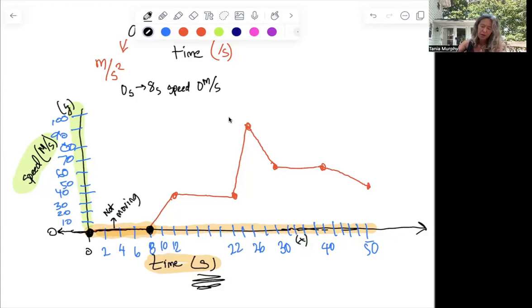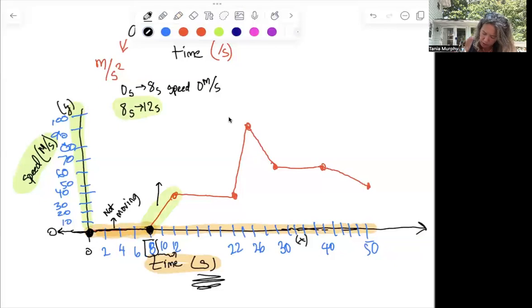If we look at time 8 seconds to say 12 seconds, that's referenced in this line of our graph. And we see that we are actually speeding up.